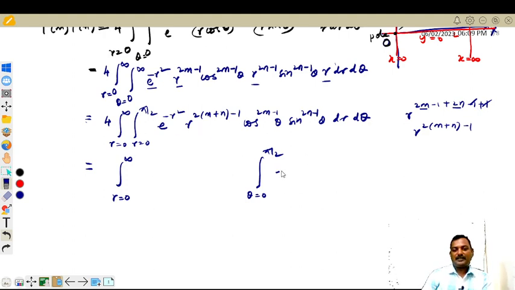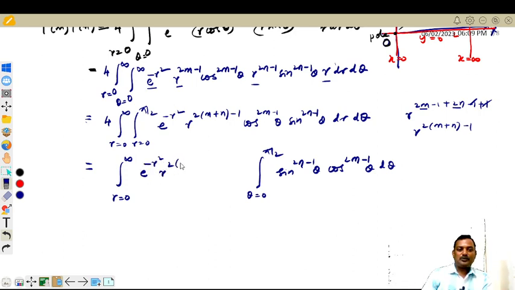So first write theta: sin raised to 2n minus 1 theta into cos raised to 2m minus 1 theta d theta. The remaining term we can write here, e raised to minus r square into r raised to 2 times (m plus n minus 1) dr.